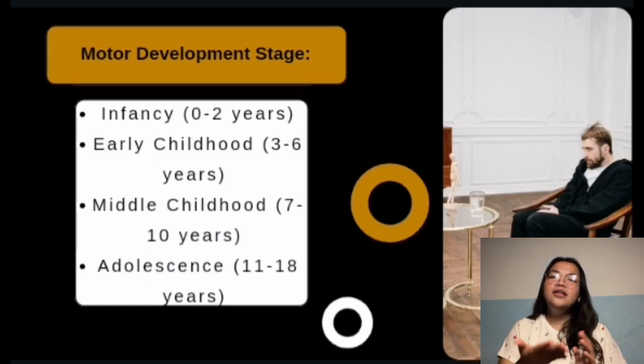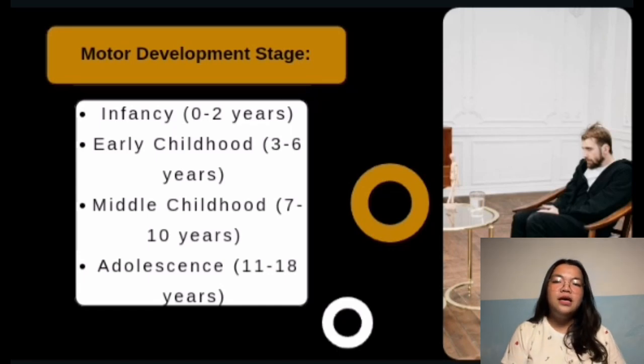While in early childhood, from 3 to 6 years old, children master running, jumping, throwing, and climbing. Their hand-eye coordination is enhanced. In middle childhood, from 7 to 10 years old, they become stronger and more proficient in sports and other physical activities.